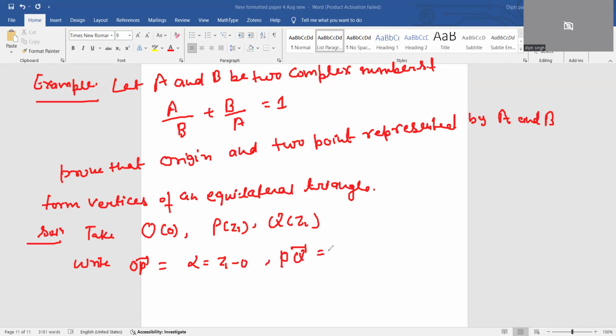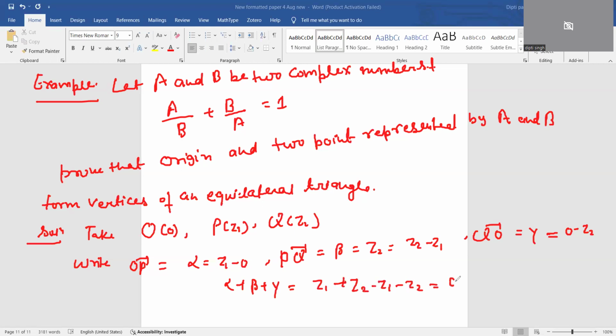PQ will be beta, that is Z2 minus Z1, and QO is gamma, equal to 0 minus Z2. Then alpha plus beta plus gamma will be Z1 plus Z2 minus Z1 minus Z2, that is 0. Likewise, alpha bar plus beta bar plus gamma bar also will be 0.